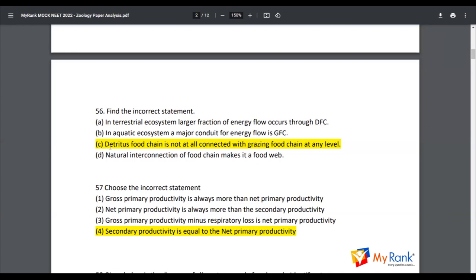Then option C states that detritus food chain is not at all connected to grazing food chain at any level, which is wrong. All the food chains are connected to each other, resulting in the formation of a food web. So it is an incorrect statement. Then natural interconnection of food chains makes it a food web, which is a correct statement. So amongst the following statements, option C, stating that detritus food chain is not connected to grazing food chain at any level, is the wrong statement. So that is the answer.